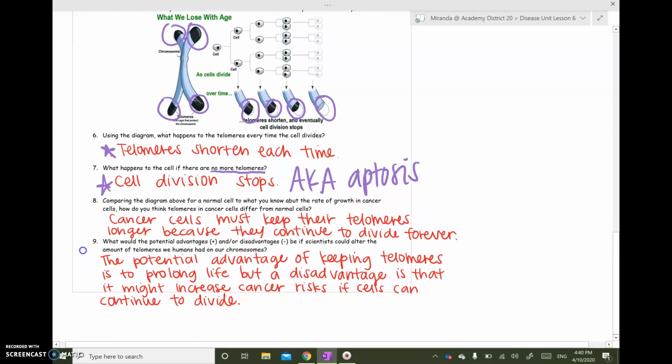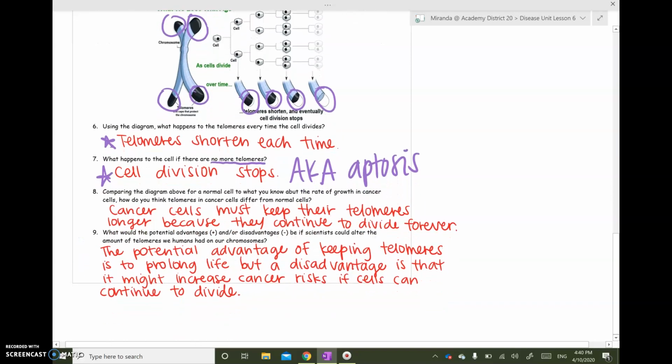And then cancer cells are going to keep their telomeres longer because they continue to divide forever. And an advantage of keeping our telomeres would be to prolong life. But then a disadvantage is that it might increase cancer risks if cells can continue to divide.